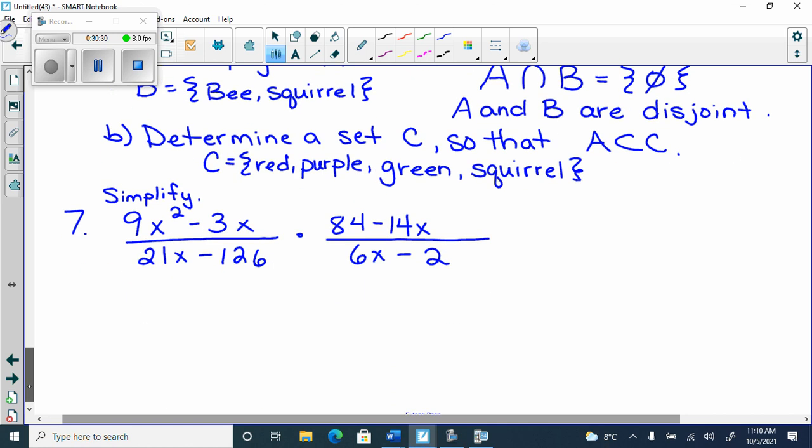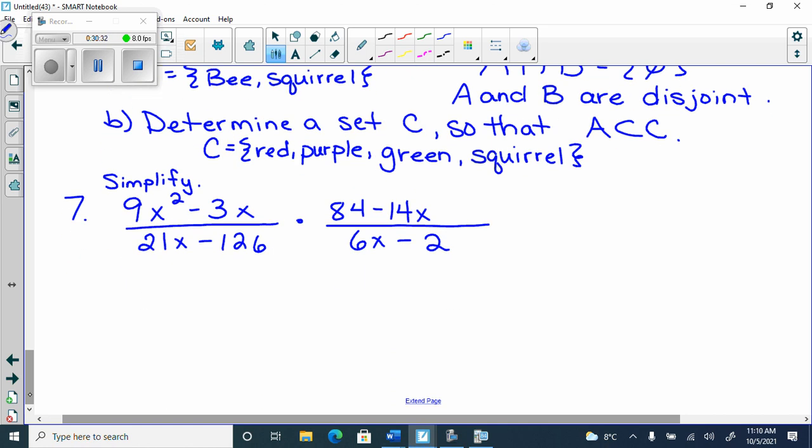Okay, you guys are going to try number 7. And then number 8 is going to be a 3-circle Venn. So working on number 7 while I write out number 8.